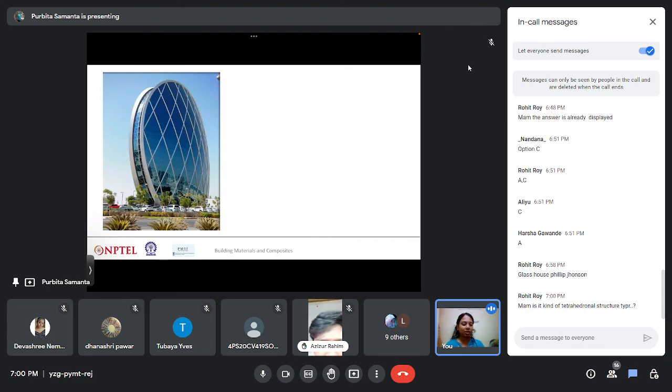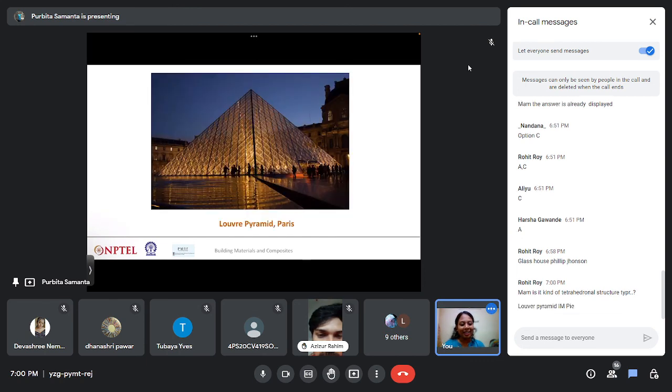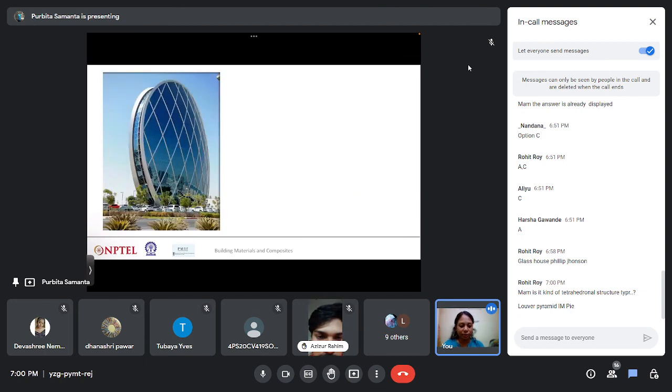Today there's a bit of difficulty, maybe an institute network issue, because it's not syncing. Rohit says it's the Louvre Pyramid. I hope the last building is visible to you all, because it's not showing on my screen. Yes, now it's showing, I hope.